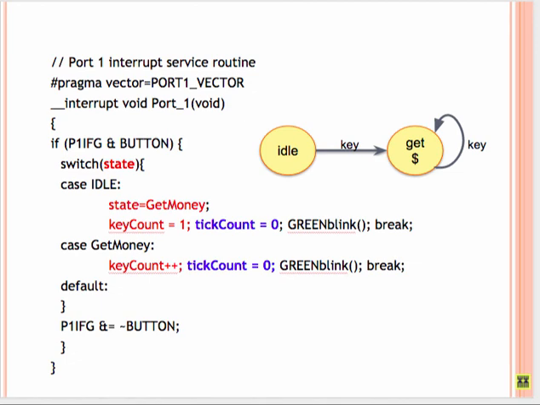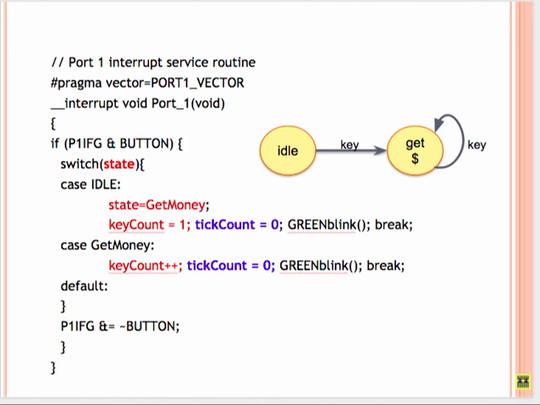Because the first key has been entered, the key count is 1. And we reset the tick count to 0. The timer is already started, but the tick count keeps counting, and it's not a good idea to keep that number, so we start fresh on the tick count.